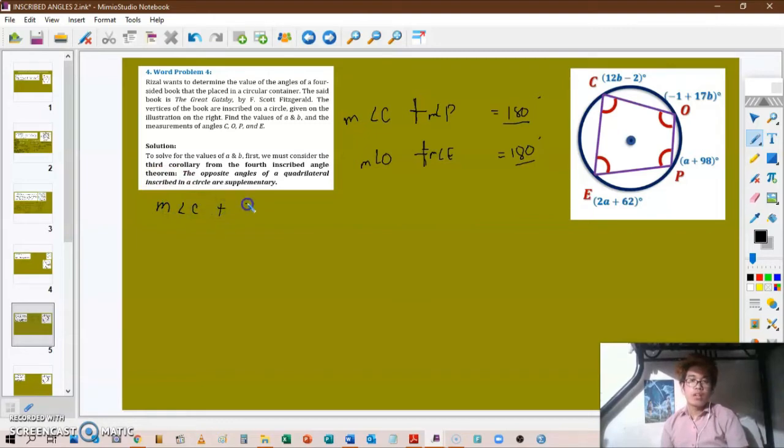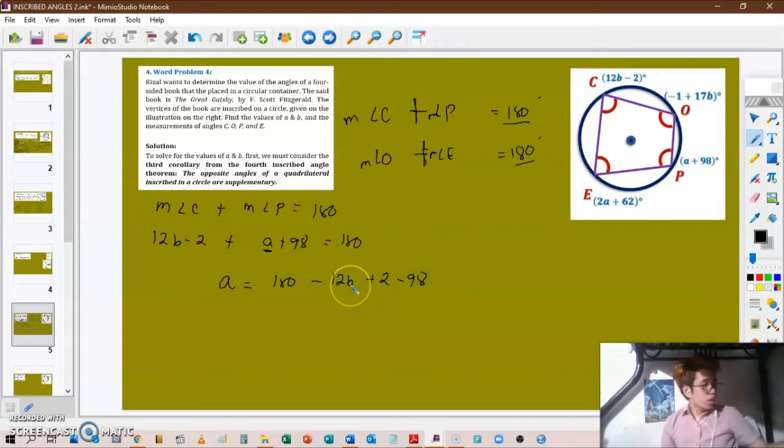The measurement of angle C plus the measurement of angle P is equal to 180 degrees. We know that angle C is equal to 12B minus 2 degrees, and the measurement of angle P is equal to A plus 98 degrees. For this one, we're going to solve for A. So A is equal to 180 minus 12B plus 2 minus 98.